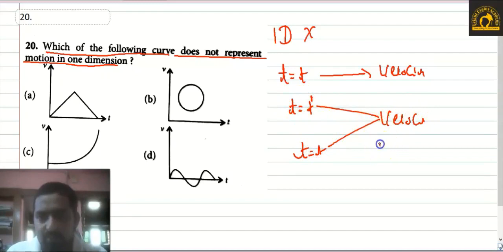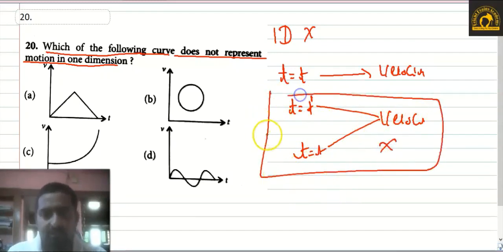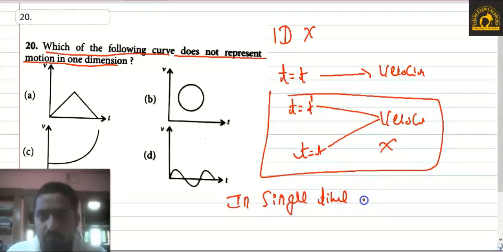This is the concept, you know very well. In a single time, two velocities are not possible.